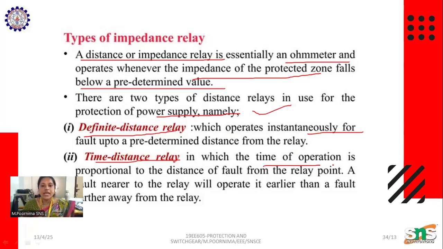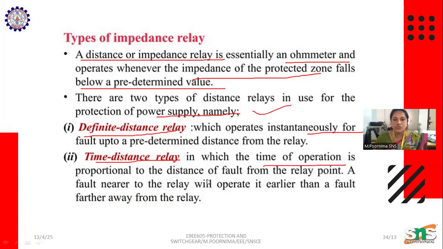Next, in time distance, the time of operation is proportional to the distance of the fault from the relay point. A fault near the relay operates earlier than a fault far away from the relay. Based on the time distance, it operates.